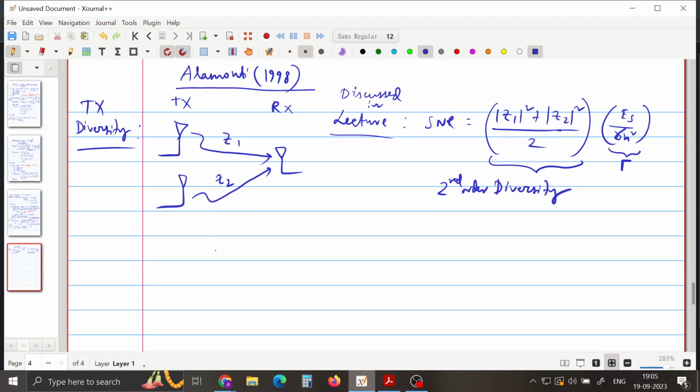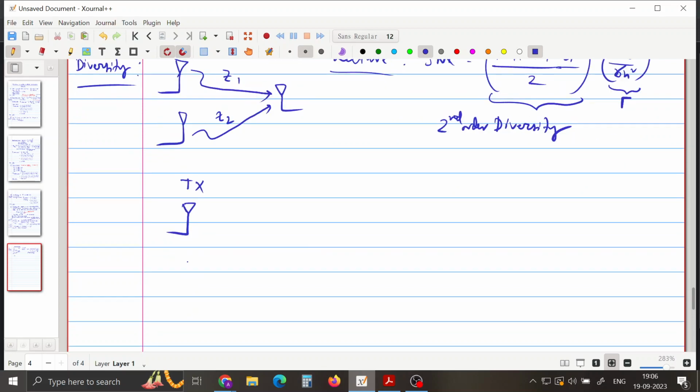Now if we have a slightly different scenario, let's say you have two antennas at the transmitter like before, and at the receiver also you have two antennas instead of just one antenna.